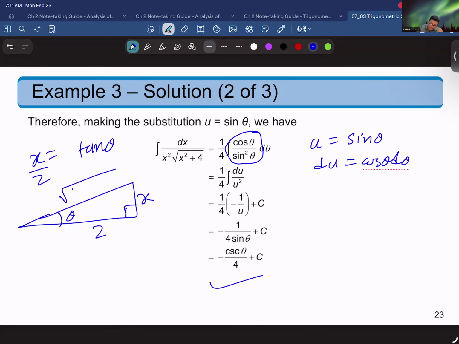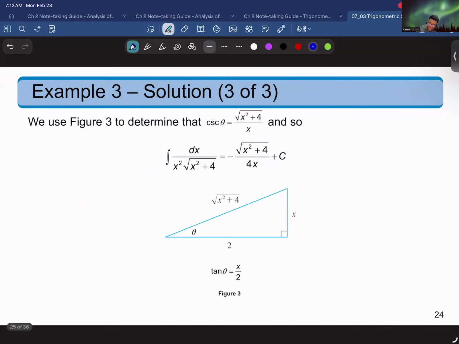And hypotenuse should be under root x square plus 4, under root a square plus b square, Pythagoras theorem. And that takes care of cosec theta. Cosec theta is hypotenuse over opposite, so under root x square plus 4 over x. I guess, yeah, that's what is given here. And you get that.